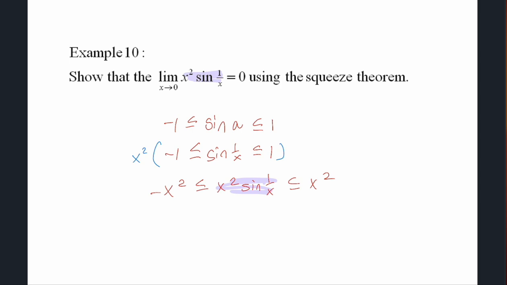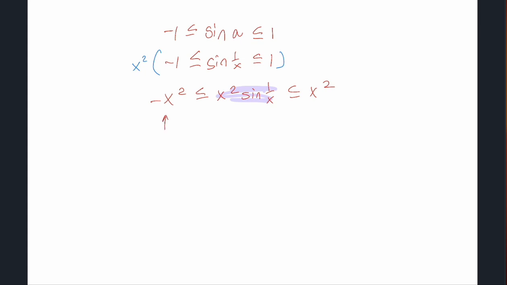So let's find the limit as x approaches 0 of negative x squared. Let's find the limit as x approaches 0 of positive x squared. And that is not written right. There we go. That's better. And let's see what happens. By direct substitution, this is 0. This is 0.